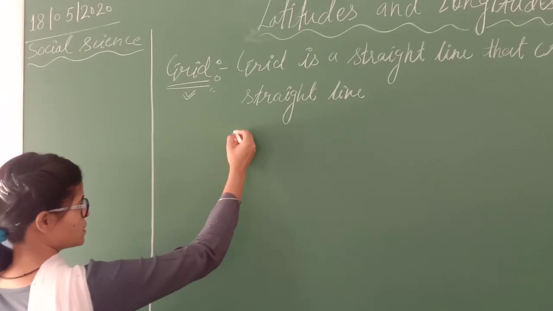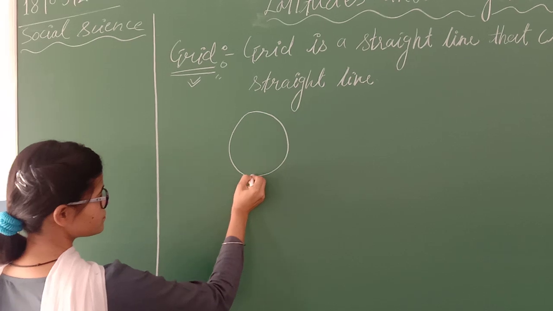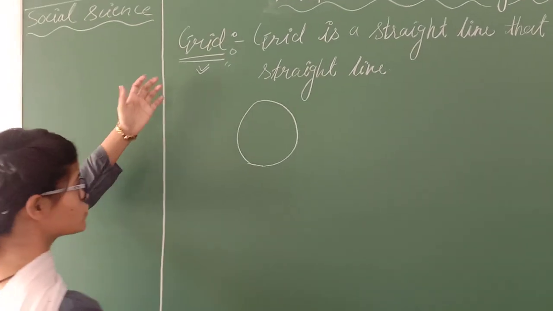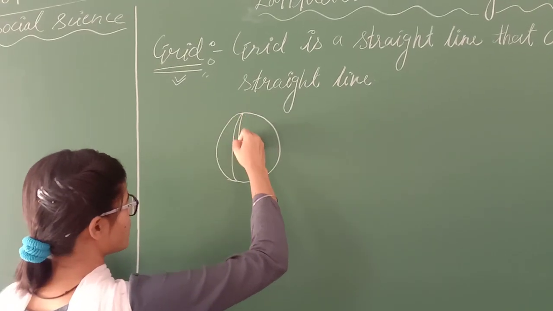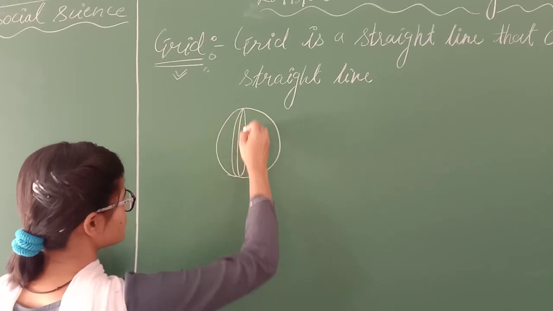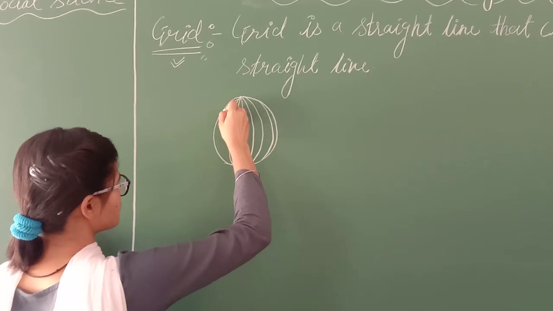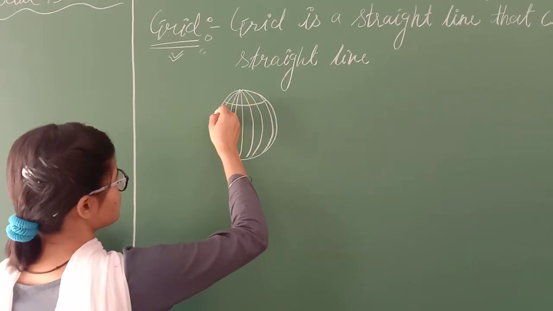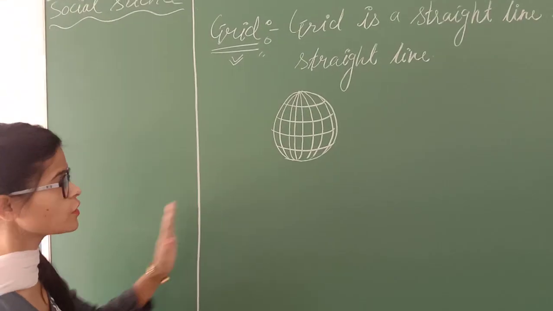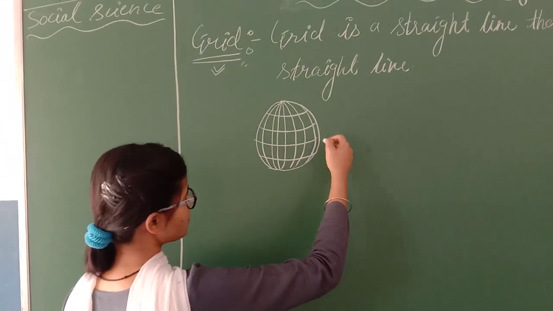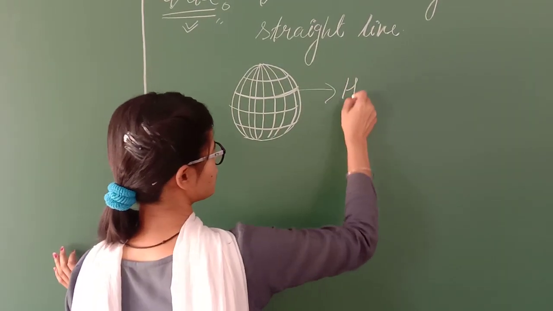Let's have an example. Suppose this is our earth. If I want to draw a grid, these are the lines which I am drawing. These are the vertical lines, and this line we will call the horizontal line.